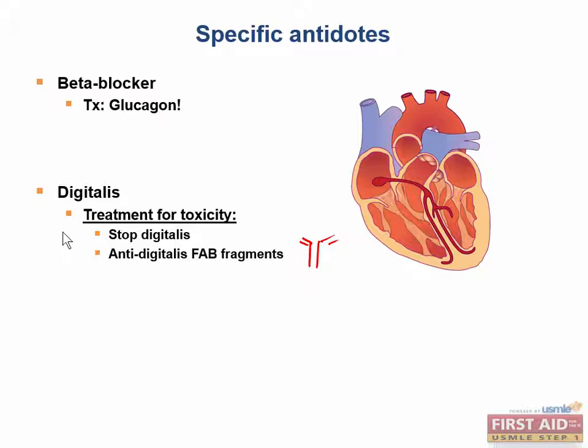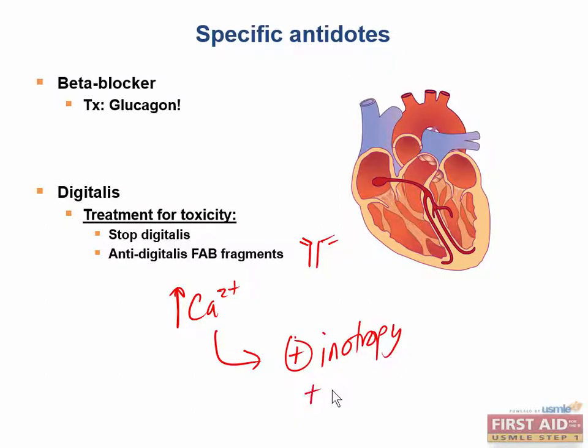Now, this is going to increase our intracellular calcium levels, which is going to lead to positive inotropy, and then also it's going to lead to increased contractility. So that is how digitalis works, and the treatment is going to be in the form of a monoclonal antibody, an anti-digitalis fragment.